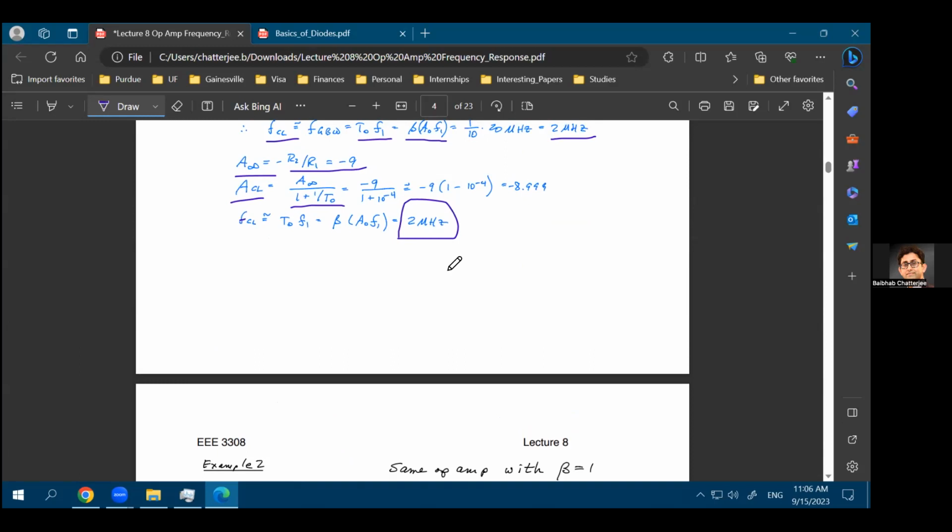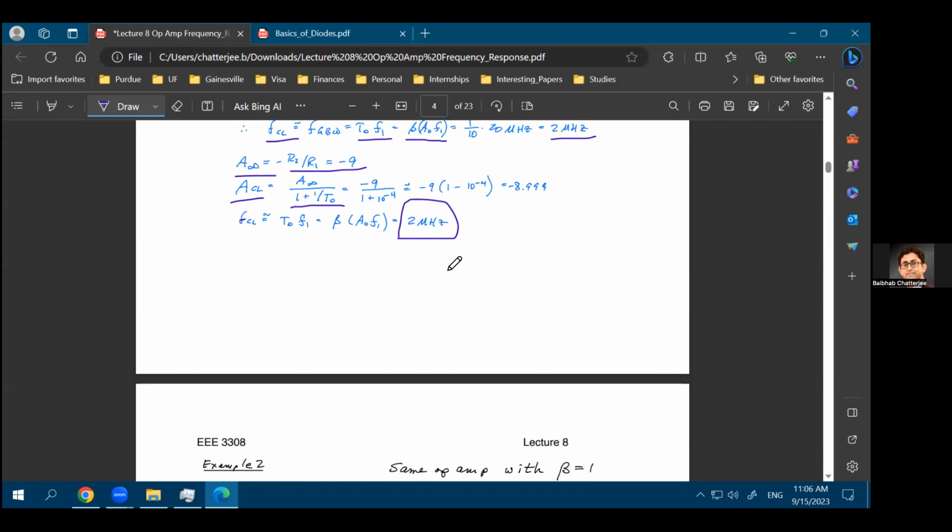No. So the closed loop. Again, remember the two plots that I drew. Maybe I'll draw it over here once again. This is how your open loop gain looks like. This is A naught. This is F1, or let's just call it F open loop, and let's also call it A open loop.